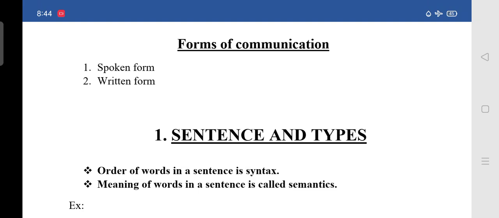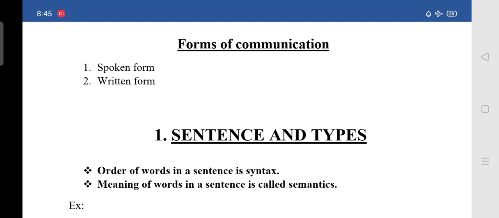Written form means it may be a letter, or any word, or any sentence, or any text or passage. To give you a simple example, when you type a message and send it on your mobile, it comes under written form, whereas if you talk on a phone, it comes under spoken form.